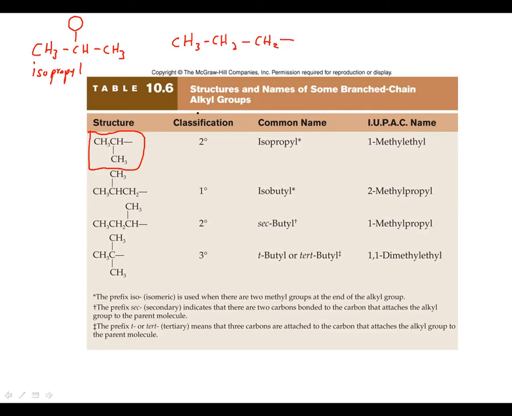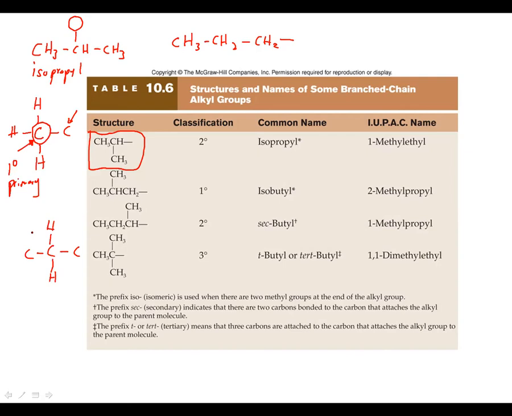Now, when we talk about carbons, there is a way to classify carbons. For example, if you have a carbon that's attached to one other carbon, this guy right here would be known as a primary carbon, or the one with the little circle on top. That carbon right here that's circled is attached directly to one other carbon. You could also have a carbon, for example, that is attached to 2 other carbons.